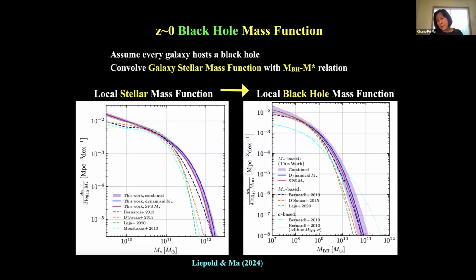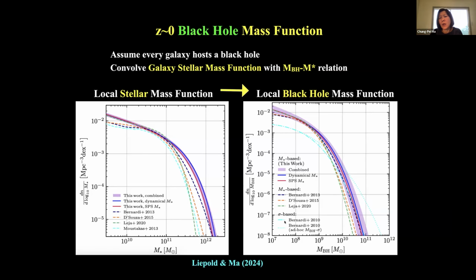You can see upon convolution, most of the uncertainties are coming from the scaling relation's scatter. So the black hole mass functions agree much better than the stellar mass functions, because the spread is dominated by the scaling relation, not the galaxy mass function.